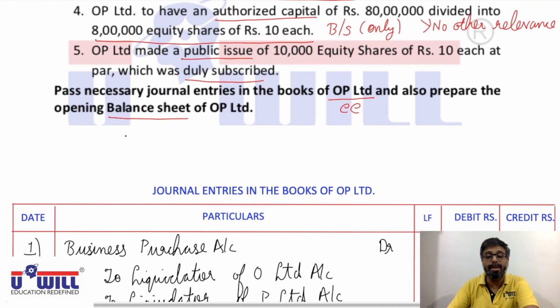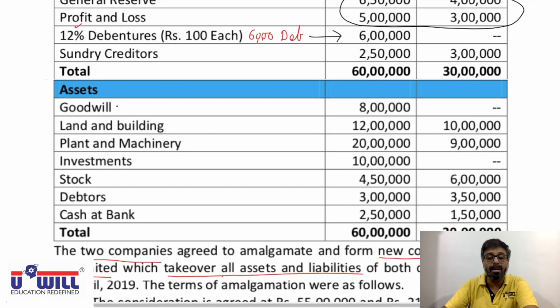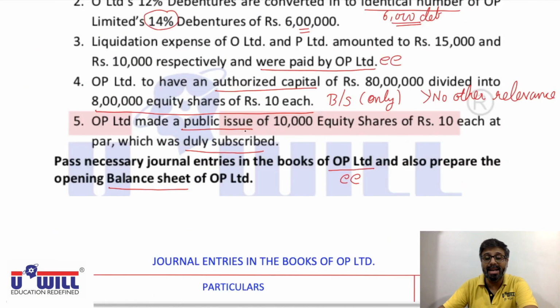Assets account debit. So which all assets account debit? Goodwill account debit with 8 lakhs.